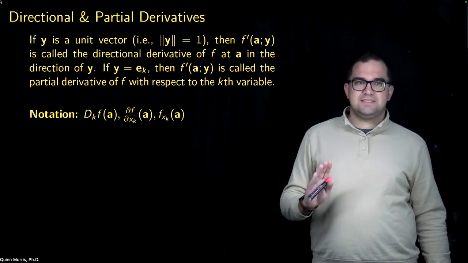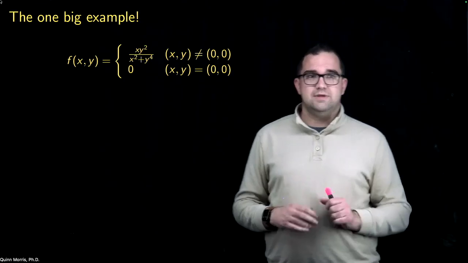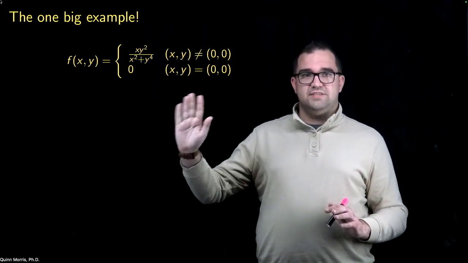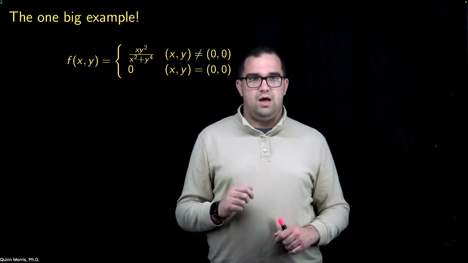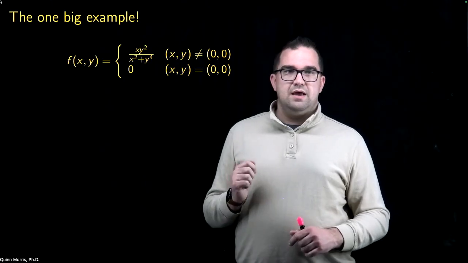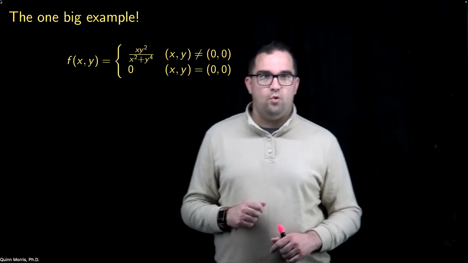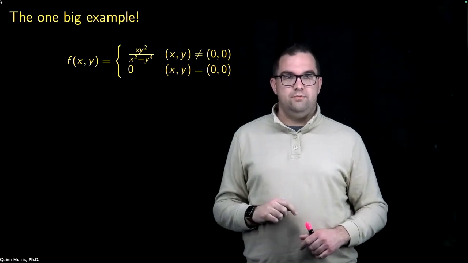So to make sense of this and to explore a lot of other things today, I want to spend the rest of this video just focusing on this function. Okay, so I want to define the function f(x, y) to be x times y squared divided by x squared plus y to the fourth if x and y are not both 0.